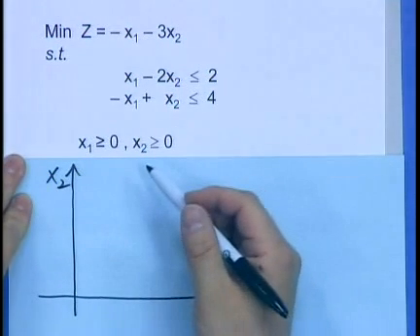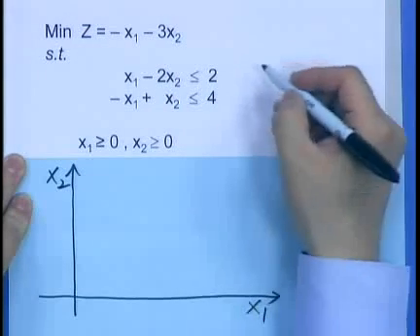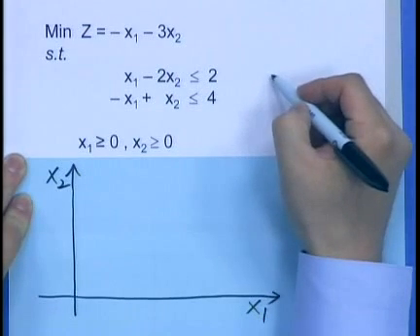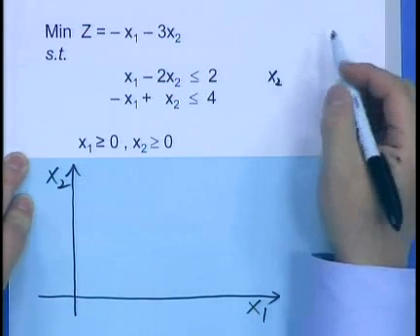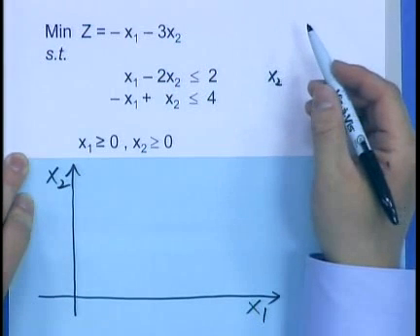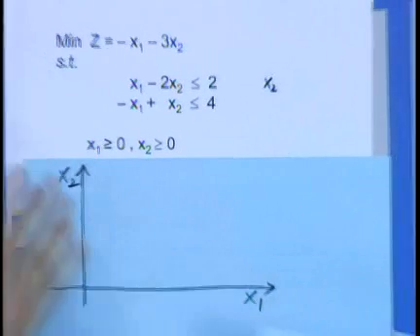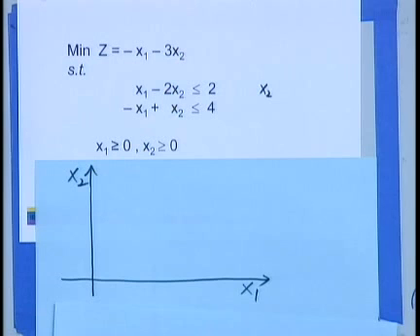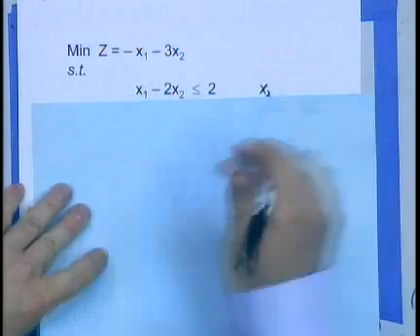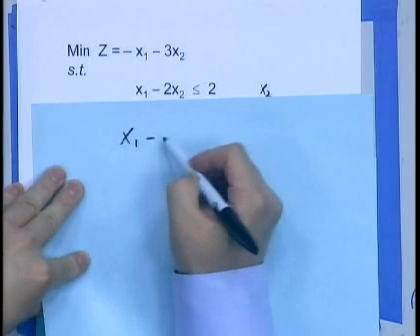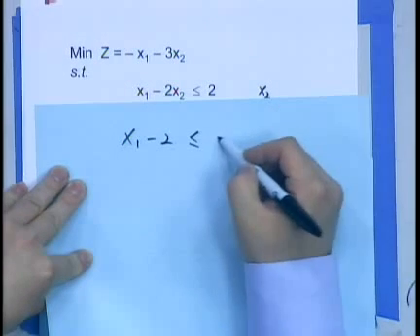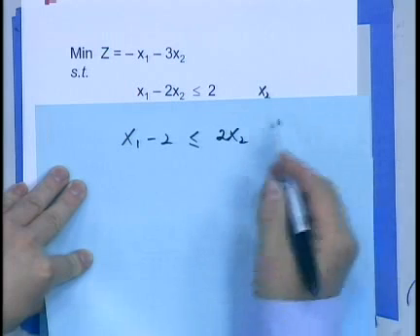And the first constraint is x1 minus 2 less than or equal to 2x2, right?